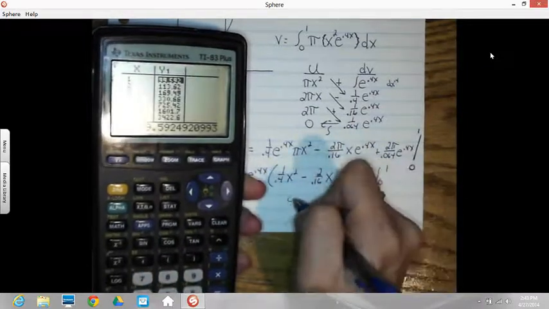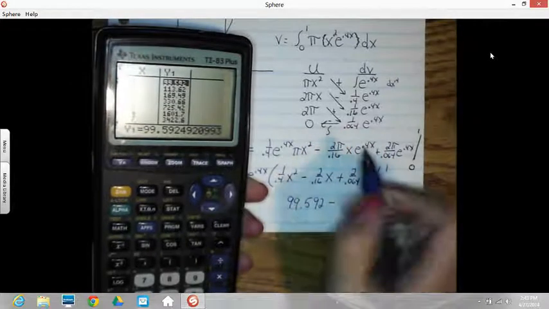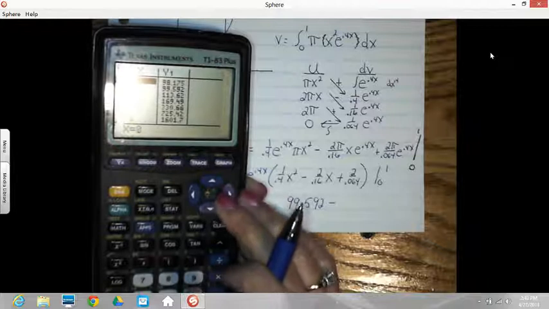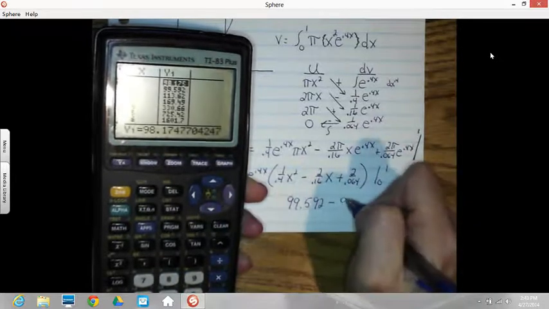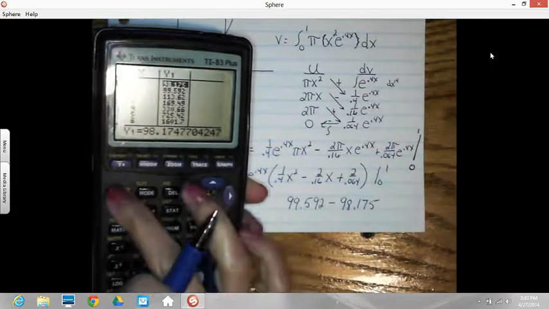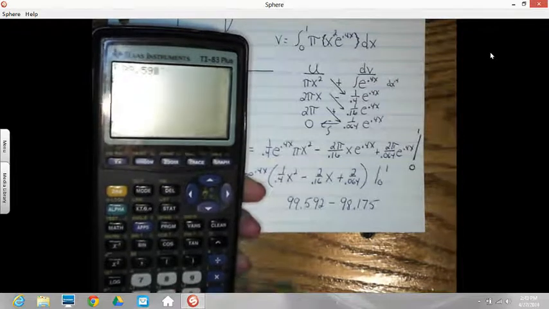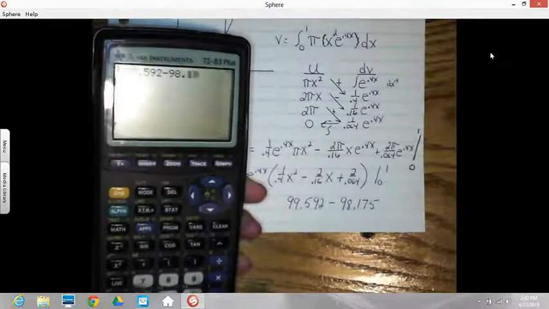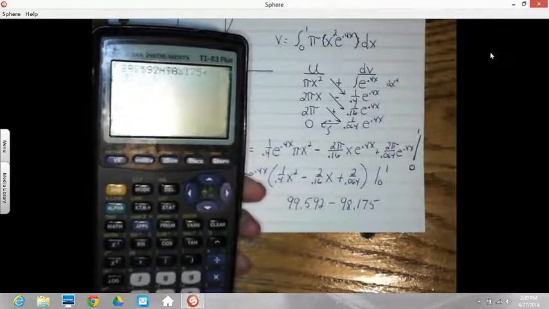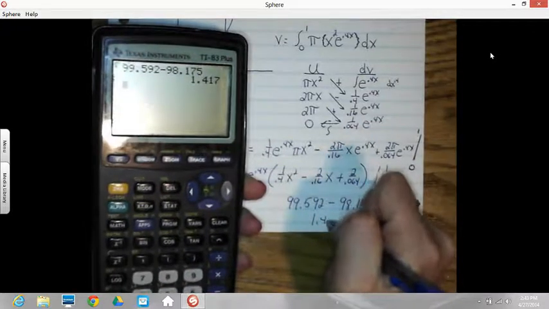At 1 is 99.592 minus the 0 does have a value, 98.175. Doing the subtracting, not much volume here. 1.417 cubic units.